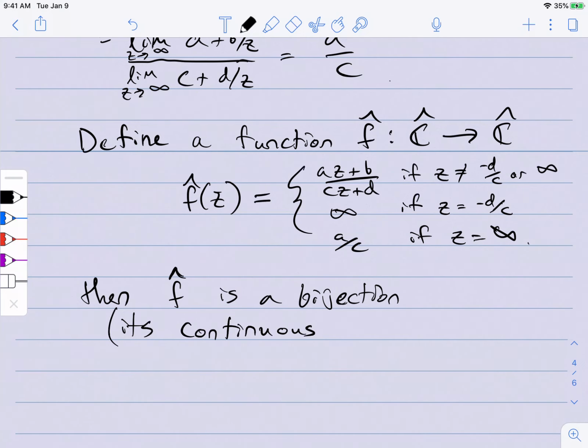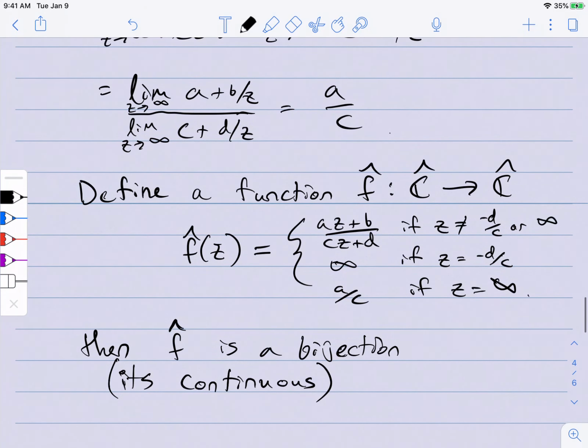Now, I haven't defined what continuous means for functions on the extended complex plane, but I'll leave that to you to think about. So this is a good way of thinking about Mobius transformations: we fill in the holes with these definitions, and we get a bijection on the complex numbers as long as we add these infinity points.